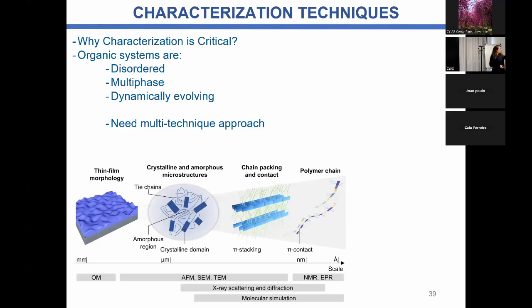The last topic will be the characterization techniques. So the characterizations are the most important things to observe the materials. So in terms of observation, you have different ways to observe.